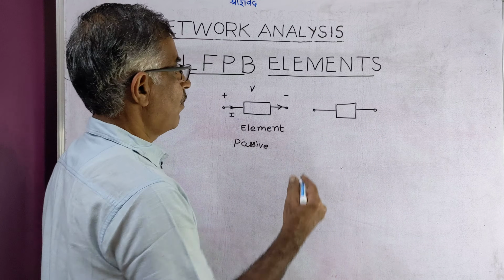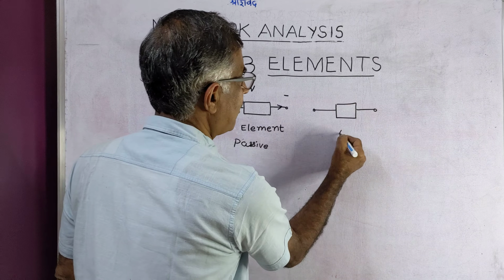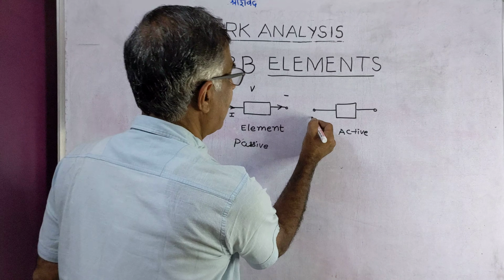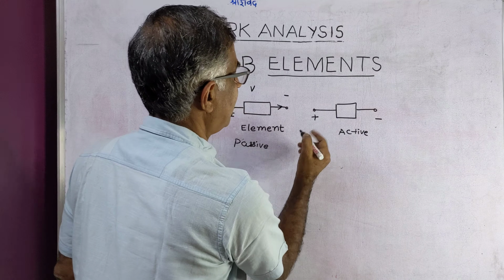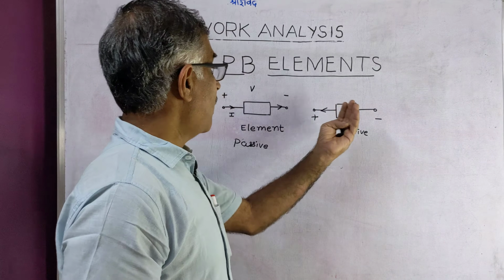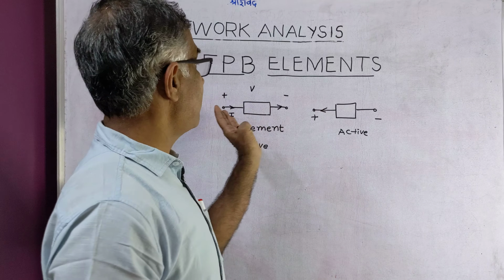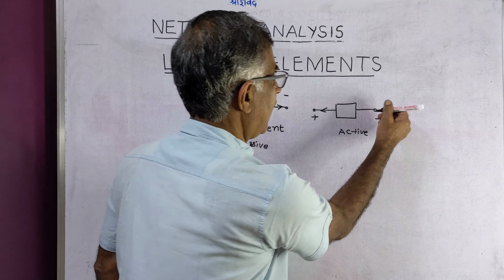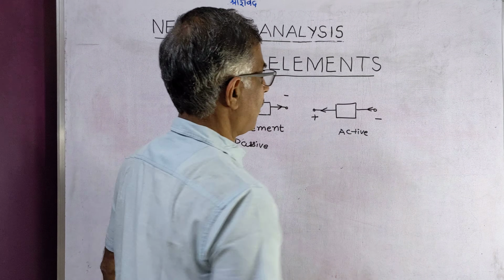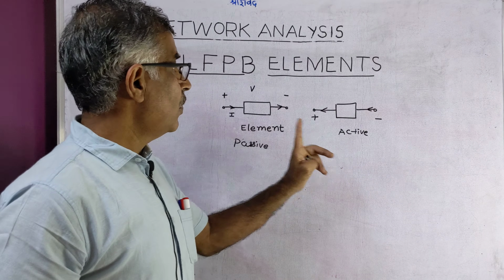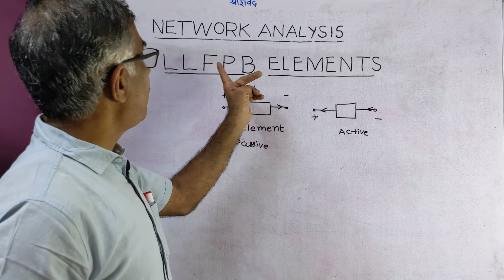For example, if this element is an active element, then it supplies power to the circuit, and current comes out at the positive terminal. Opposite to a passive element, current comes out at the positive terminal and current enters at the negative terminal. So this is what is called an active element, opposite to passive.